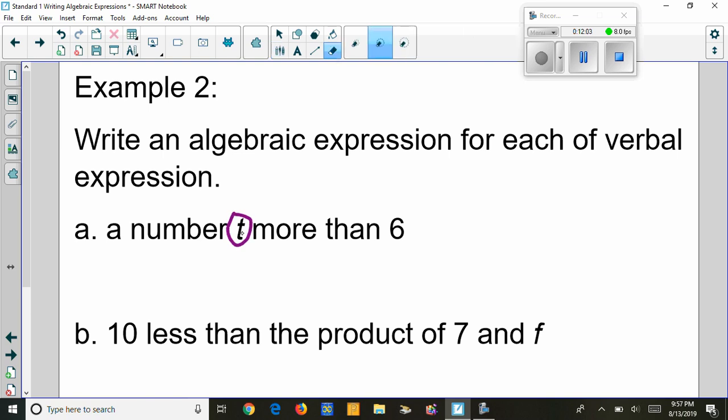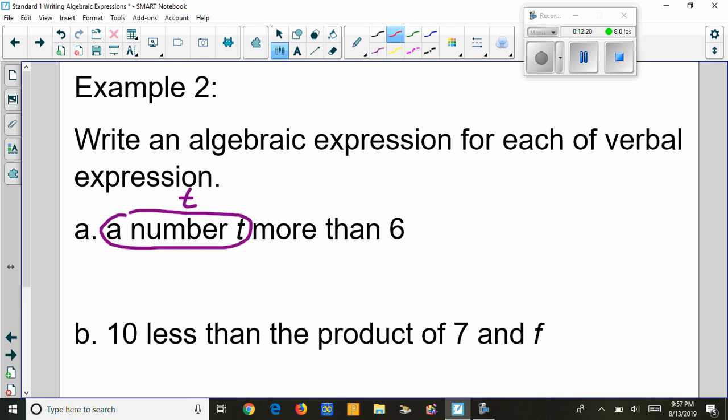Whenever we have this phrase, a number t, that is telling us that the variable t that they want us to use represents some number, but we don't know what that number is. We have more than, and if we look back at our chart, more than tells us plus, and then we have our 6.